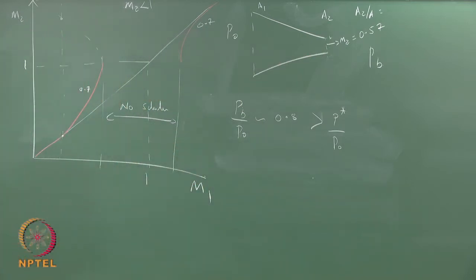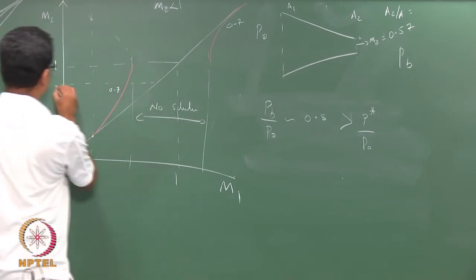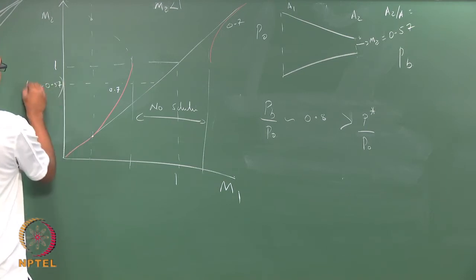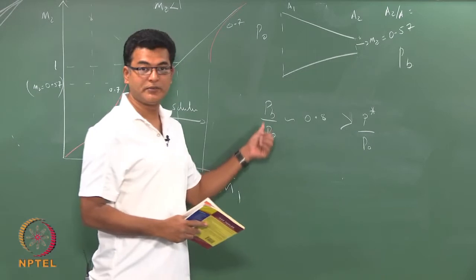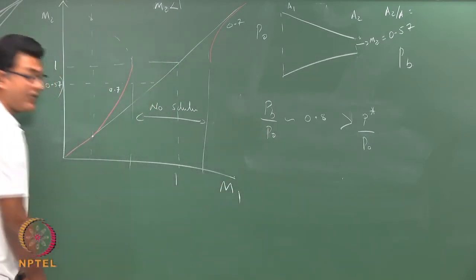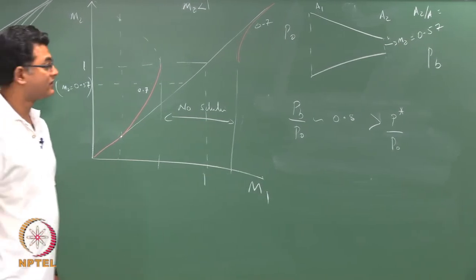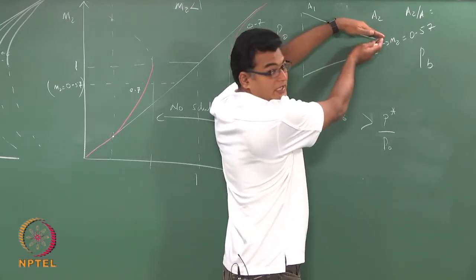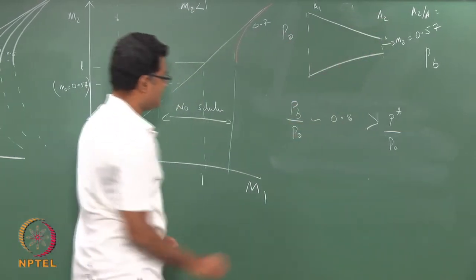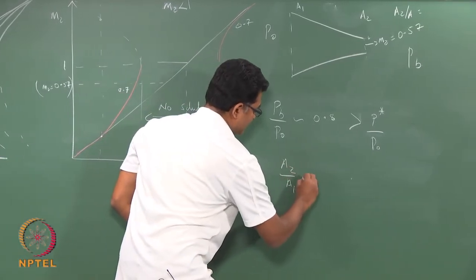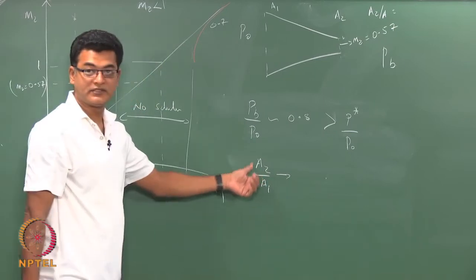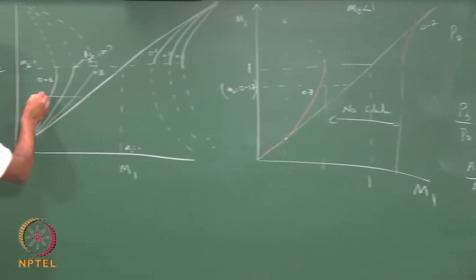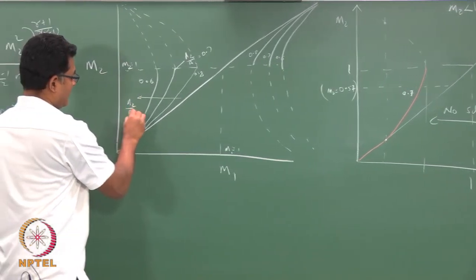So I have an exit Mach number of 0.57, which depends only on your pressure ratio PB by P0. Now, given this situation, I am going to change my A2. So I decrease my A2, which means I am progressively decreasing this ratio. So I should be on this curve where A2 by A1 is decreasing.